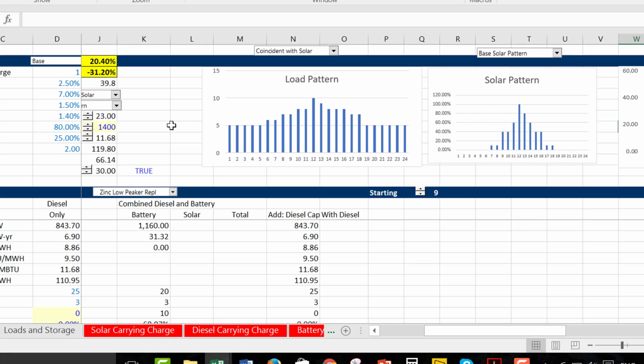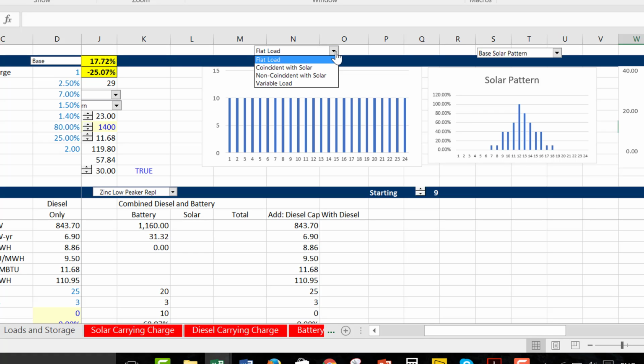So I took a hypothetical example of a single day, 24 hours, on our island, and put some loads in. One load is the thing I had before, which is just a simple flat load, and then our savings are 17% in this example.